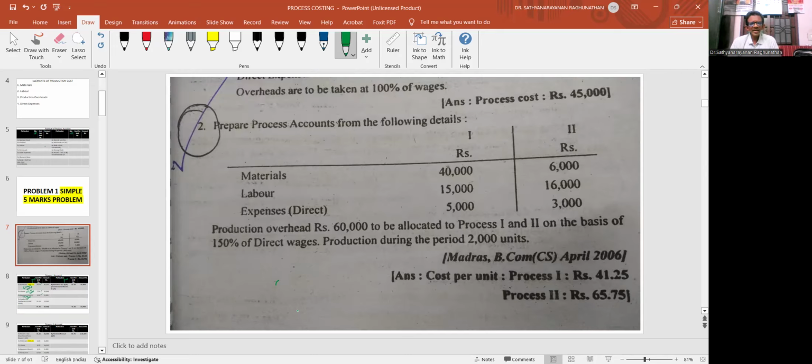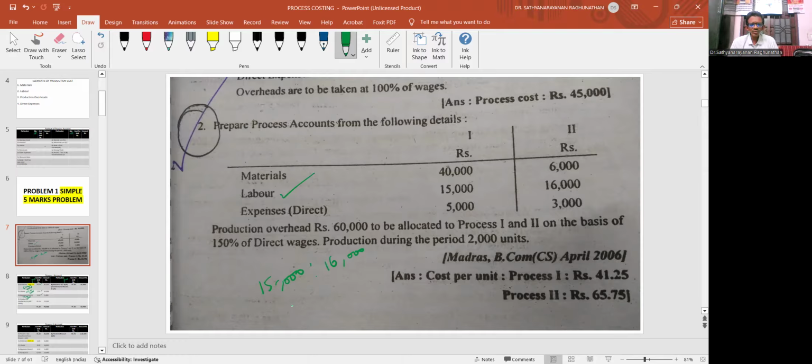Wages is applicable only to the labor. So on the basis of direct wages, we have to take the ratio 15,000 is to 16,000.